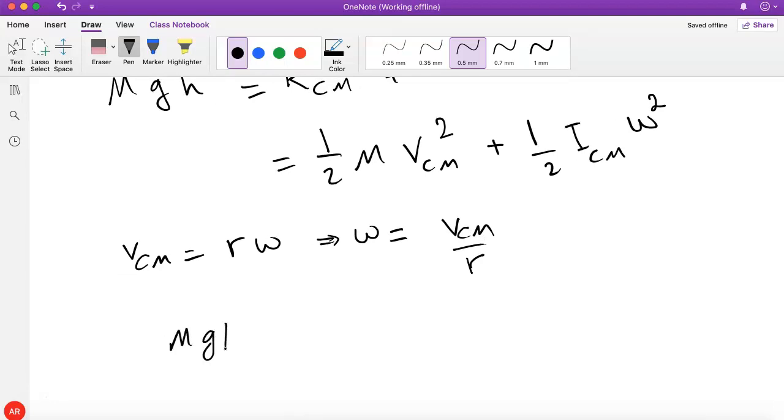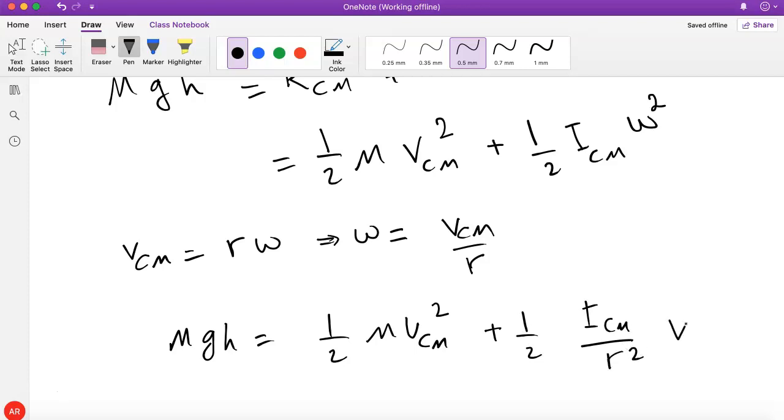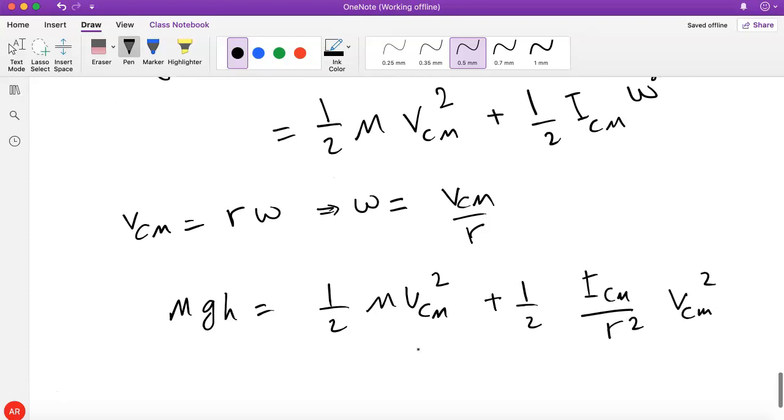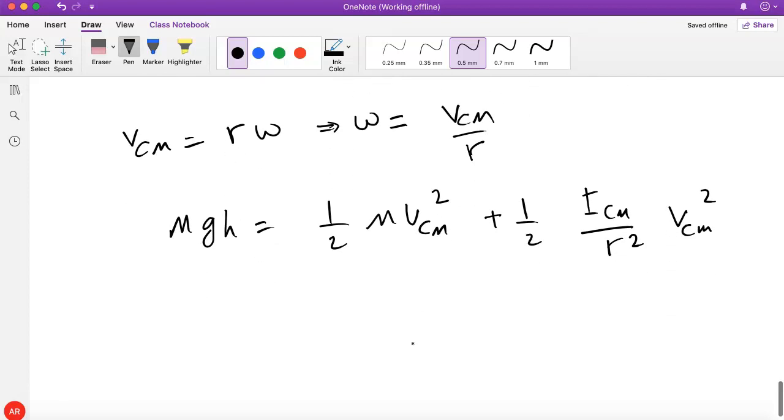So now plug in this expression into our equation for energy conservation. We find mgh is equal to 1/2 m VCM squared plus 1/2 ICM over r squared times VCM squared. So we can also divide this by m and multiply by 2, for example.